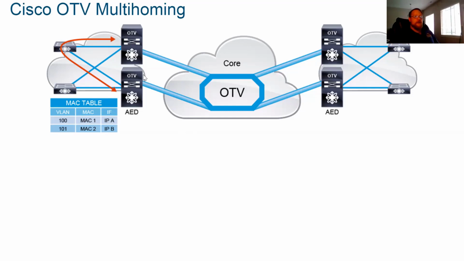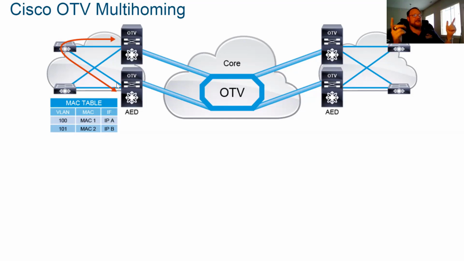I do want to mention here that we do have to enable what's called a site VLAN. Remember, I was talking about extended VLANs, right? Allowing VLAN 100 and 101 through the IP transport network. If you're going to do multi-homing, you have to specify a site VLAN, and it's literally otv site-vlan 10, right?